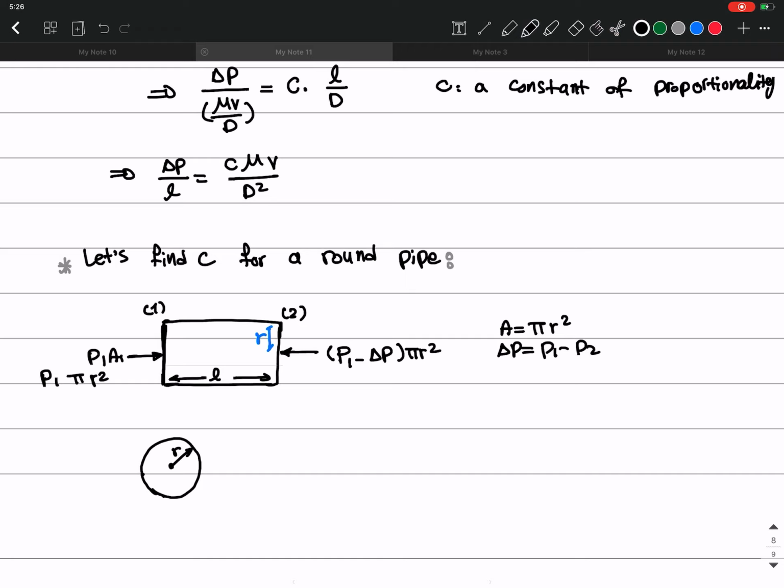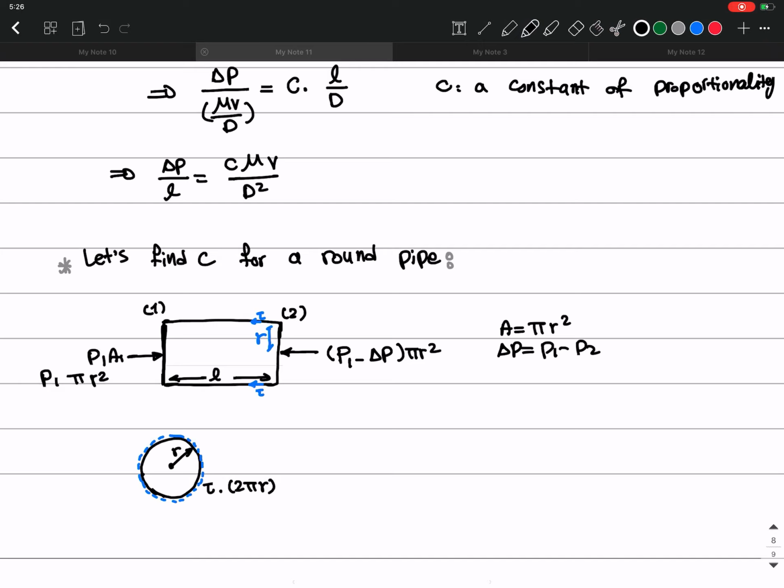So the total shear stress along this pipe is going to be what? If you have this small shear stress here as tau, then it's going to be tau times 2 pi r, right?